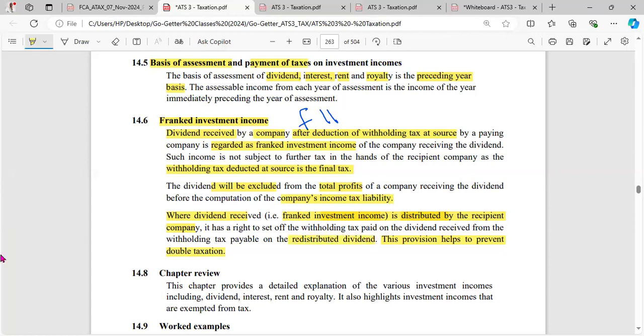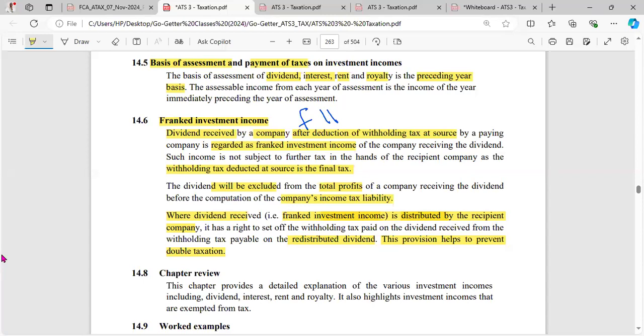redistributed dividend. Now, there's a difference between distributed and redistributed. Distributed dividend is when you are paying out dividends to your shareholders. That is the one FCA is paying to its shareholders. It is called distribution.